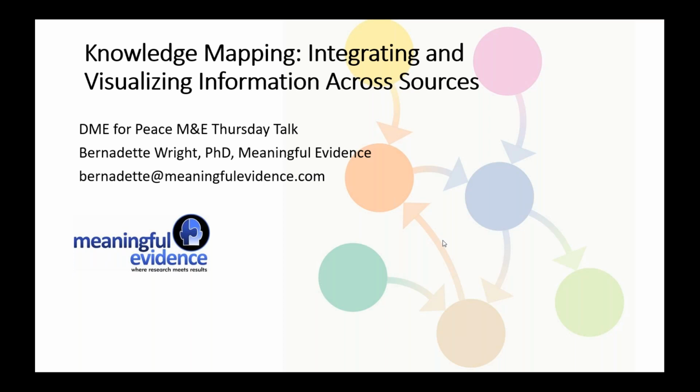A knowledge map is made of circles and causal relationships between the concepts. Circles and arrows, concepts and causal relationships. The concepts, the circles, can be anything that's important to your program or topic, such as for an evaluation we conducted about keeping people in care.